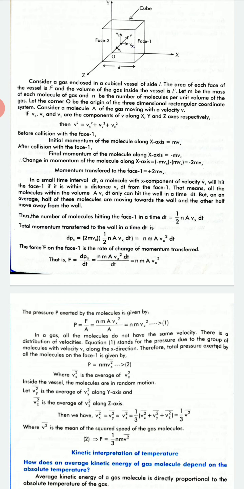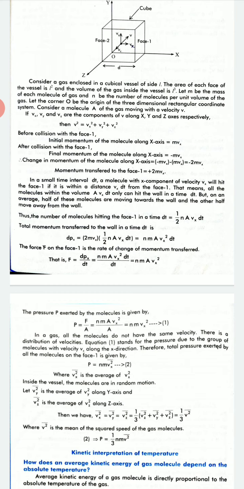In a small time interval dt, the molecule with x component of velocity Vx will hit face 1 if it is within a distance Vx dt from face 1. All the molecules are moving randomly here and there in that container.